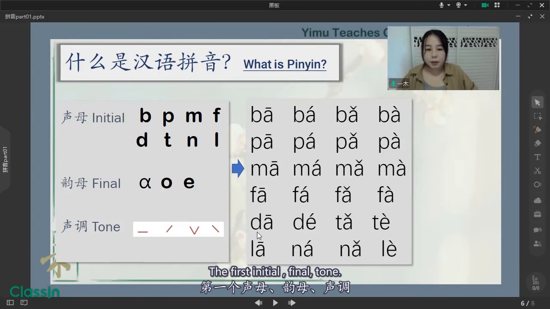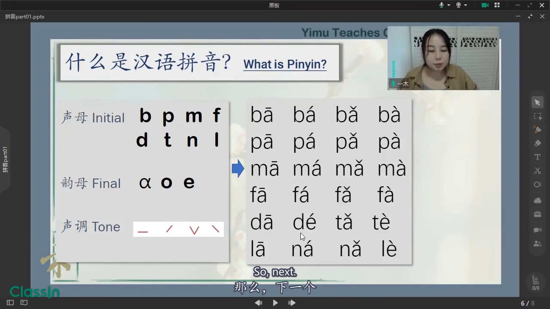The first one: initial d, final a, tone, the first tone, da. So next de, ta, te, le, la, ne, na.